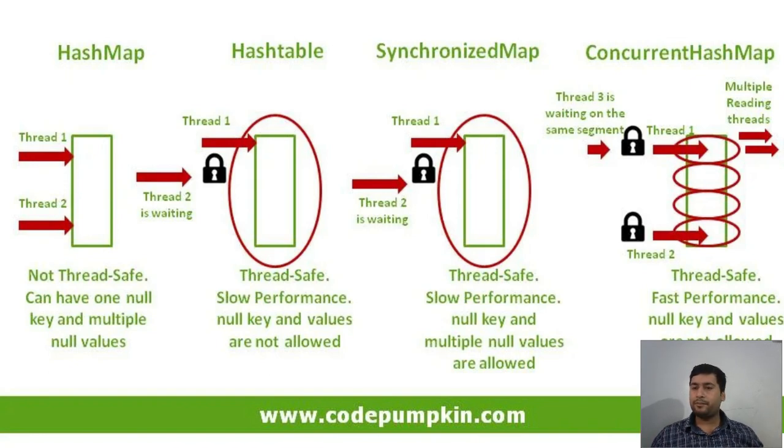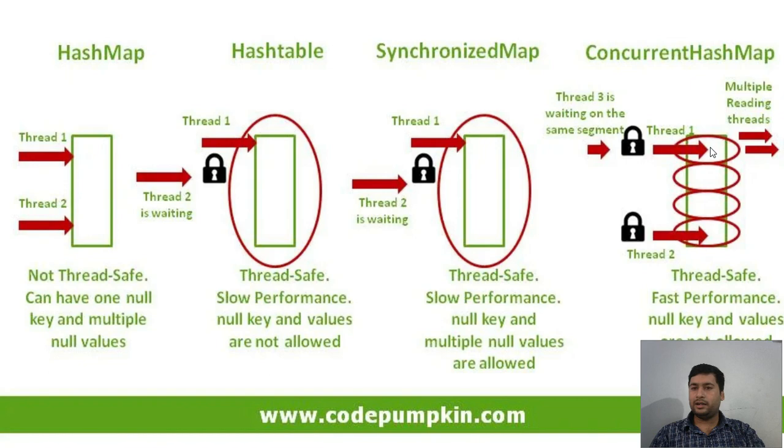So one problem they have resolved: it is divided into segments, and a segment means every cell of the HashMap. It's divided into cells, and whatever data you store, it does not block the entire HashMap. It will only block the segment.